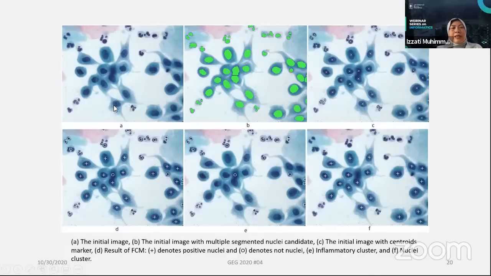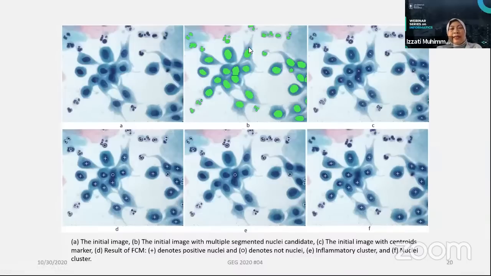To do that classification, we first identify the potential nuclei candidates. We select the objects which have the darker color.